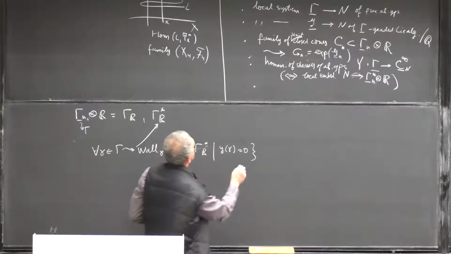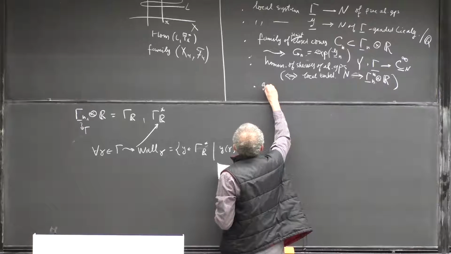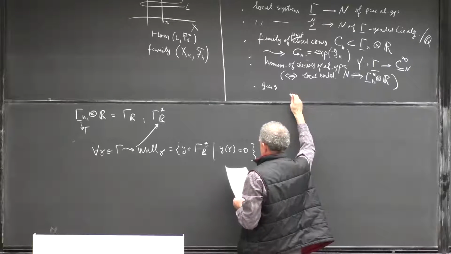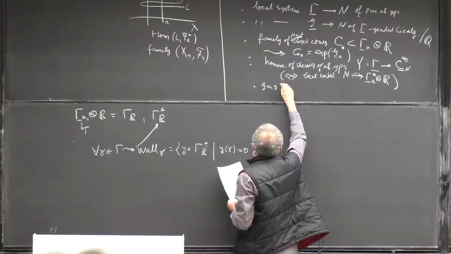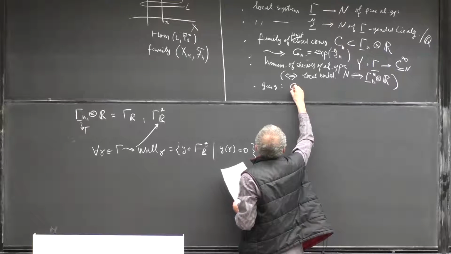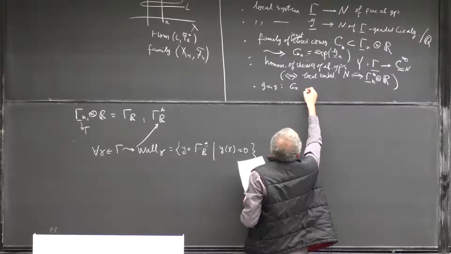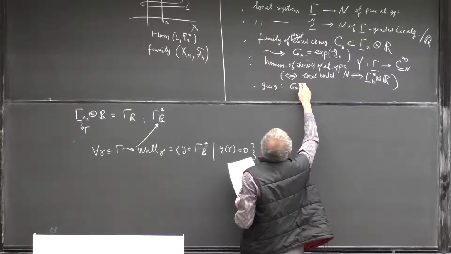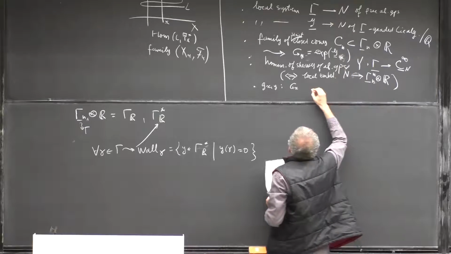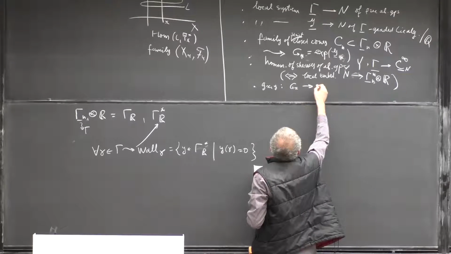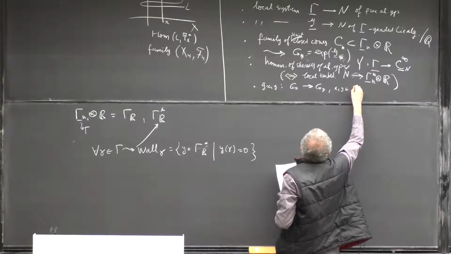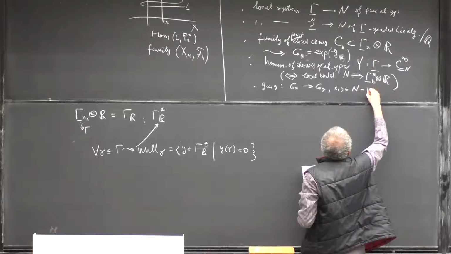The last piece of data is a collection of maps g_x to g_y, where x and y belong to N minus the union of all walls.